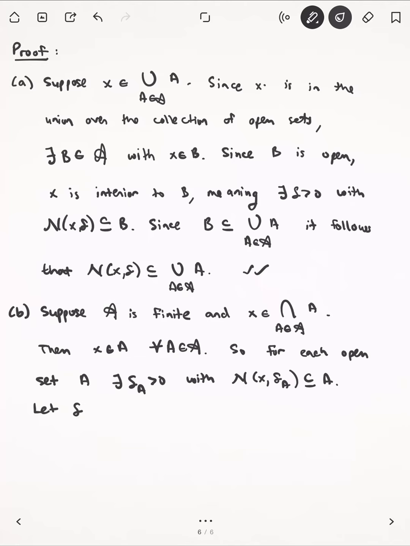Now we define delta to be the minimum of all those delta A's, with A being taken from that fancy schmancy collection.